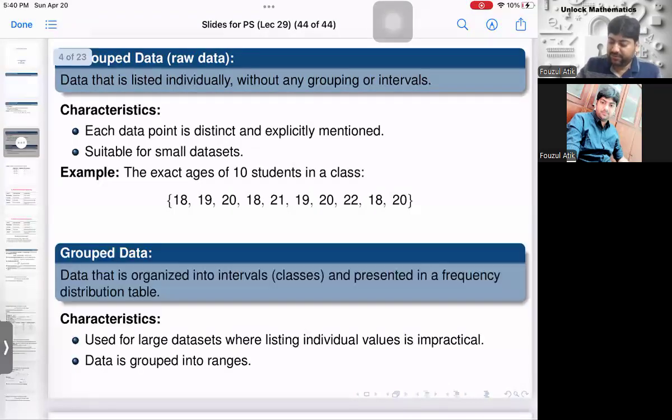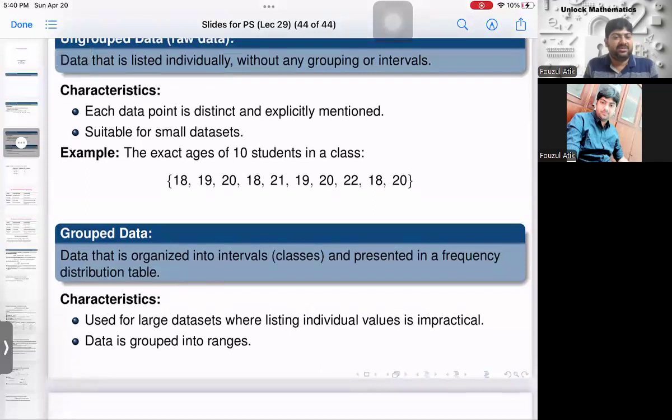Whereas grouped data is what? This is the data that is organized into intervals or classes and presented in a frequency distribution table. So there are some intervals, and then how many data points fit into that interval. That is called the frequency.